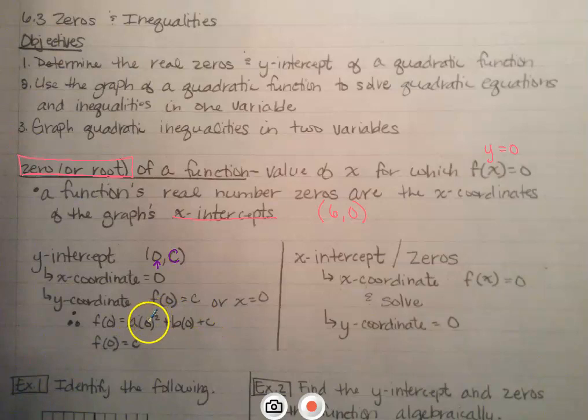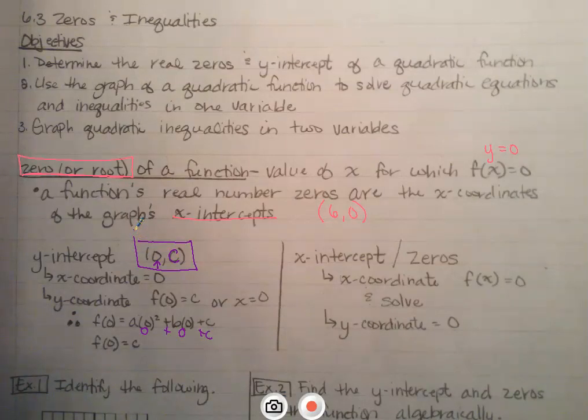Well, a times 0 squared is just 0, b times 0 is 0, and that leaves us with c. So our f of 0 is c, which means our y-intercept is (0, c), whatever our constant is.